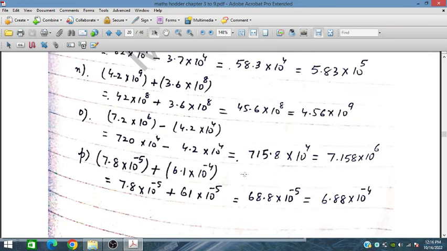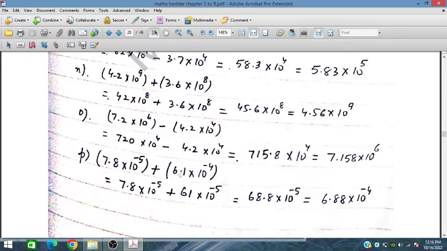Similarly for the last one, 7.8 into 10 to the power minus 5 plus 6.1 into 10 to the power minus 4. Make it 10 to the power minus 5 by shifting 0 here. 0.78 plus this, shifted here to make it 10 to the power minus 9.